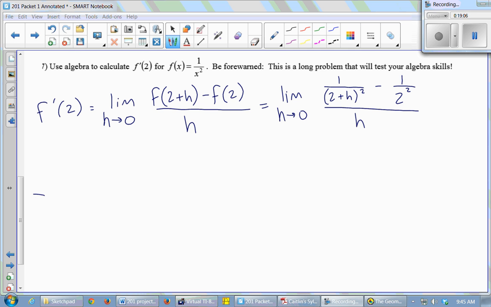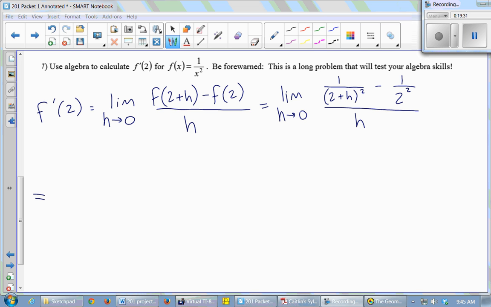Not yesterday, but Monday, we talked about how to take a limit. How do you find the value of a limit? And you did a whole bunch of problems where you calculated limits. The thing you want to do is plug h equals 0 into your function, because the limit is what happens when your function gets really close to h equals 0.